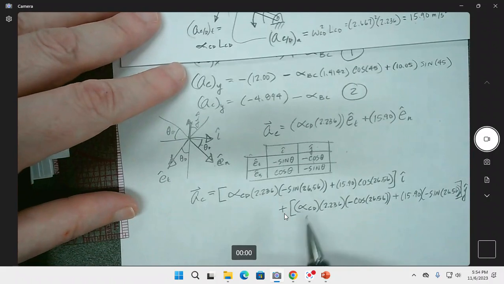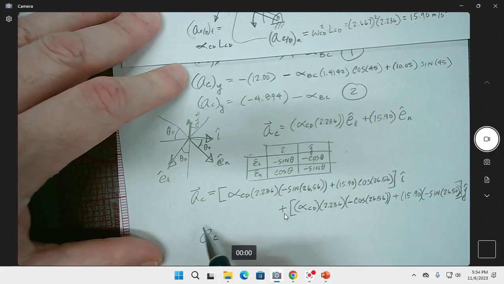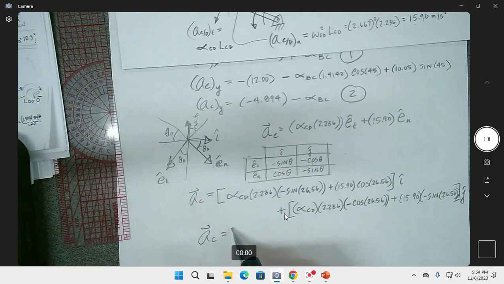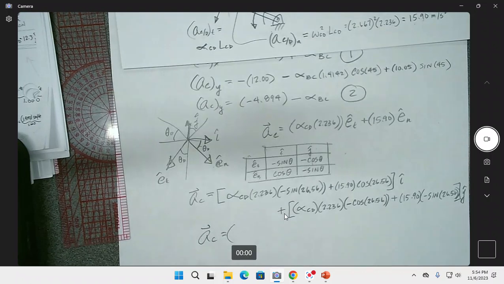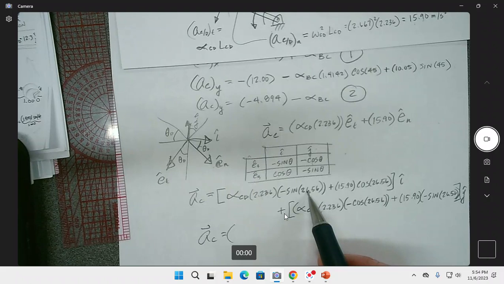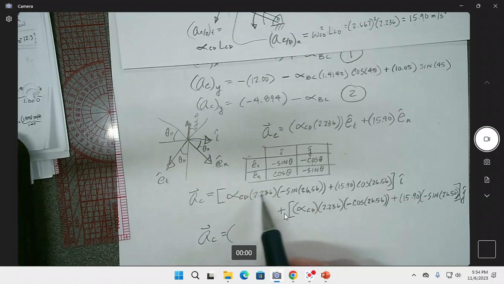So, working this through, acceleration of C is going to be, 26.56 sine times 2.236. All right, so that almost comes out to 1. It's 0.99979, so that's like 1.